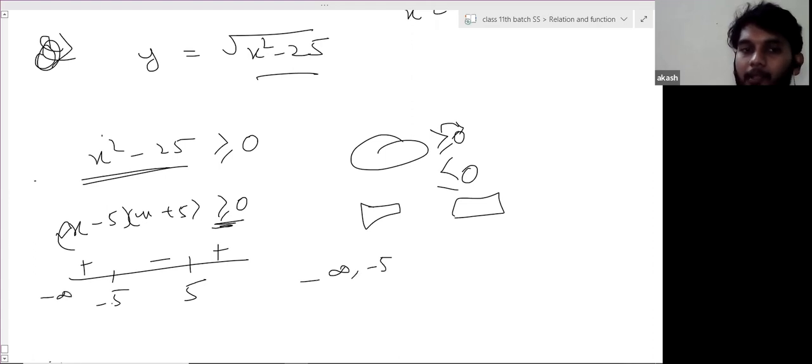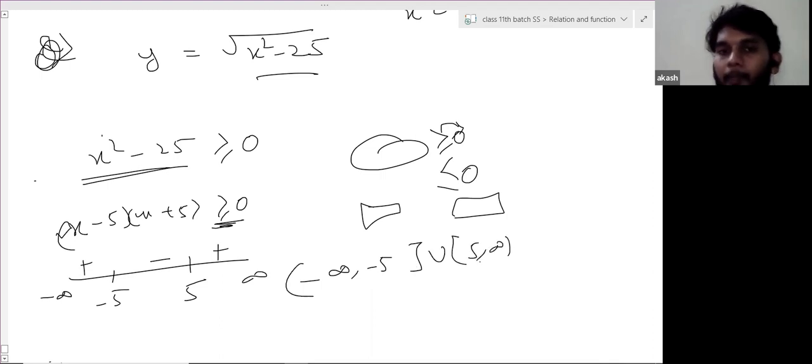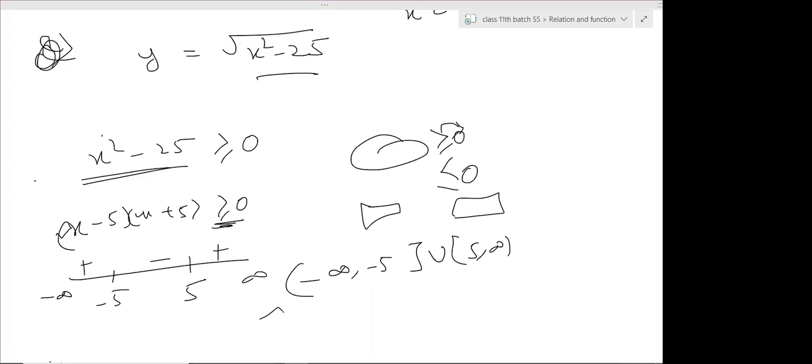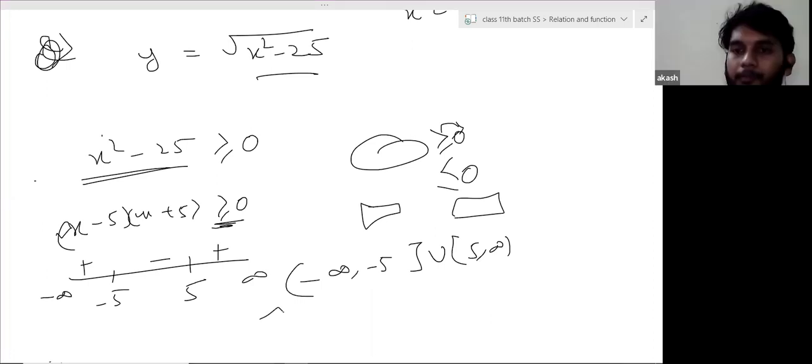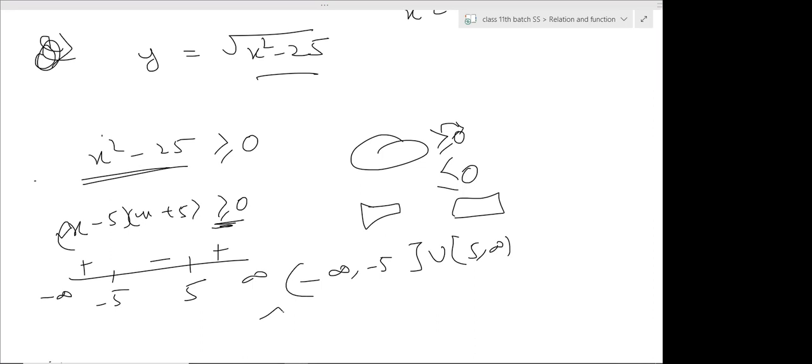This area, minus infinite to minus 5, union 5 to infinite. This thing is clear, both of you? Yes. All right.